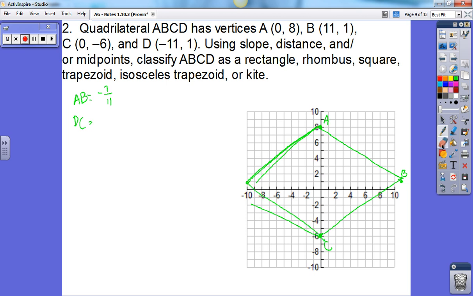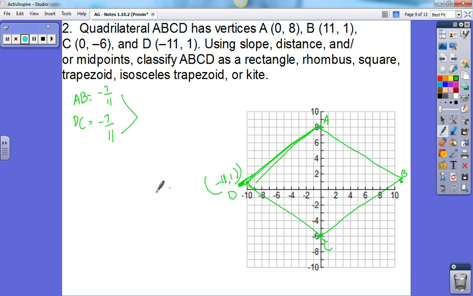That looks a little bit better. Sorry about that. Okay, so I've got a rise of negative 7 and a run of 11. So we've got the same slope here for those opposite sides.